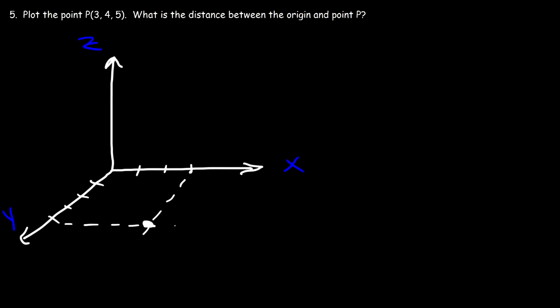So right now that's at x equals 3 and y equals 4. And then we need to go up 5 units. I'm just going to draw a solid line.